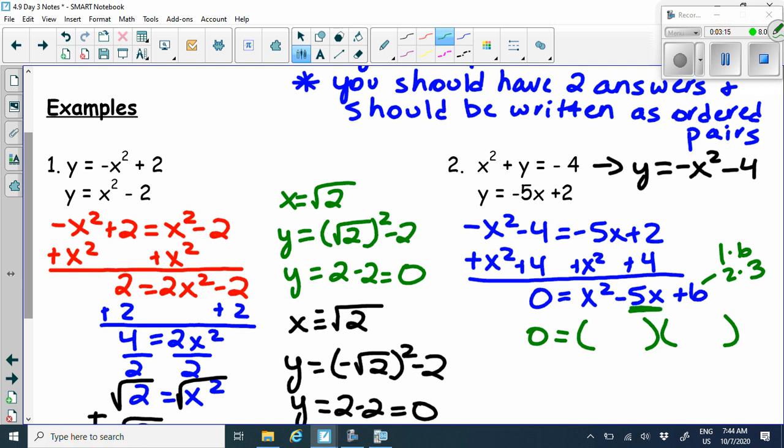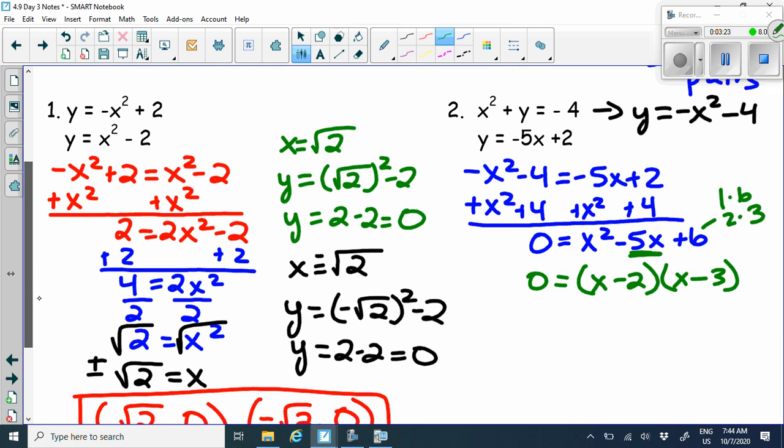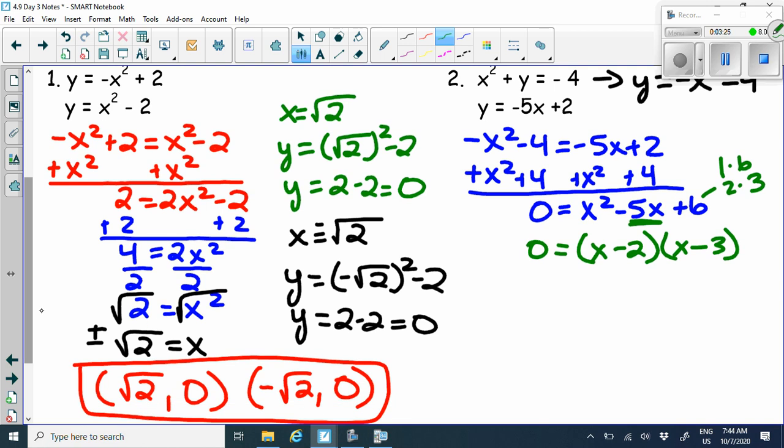That will be 2 and 3. And in order to get to negative, both of them need to be minus. So now we set each factor to 0 and solve. So remember, x minus 2 is a factor, and x minus 3 is a factor. So I get x equals 2 and x equals 3.